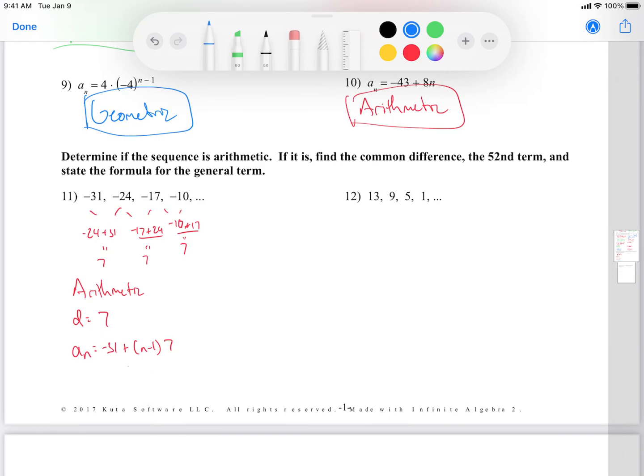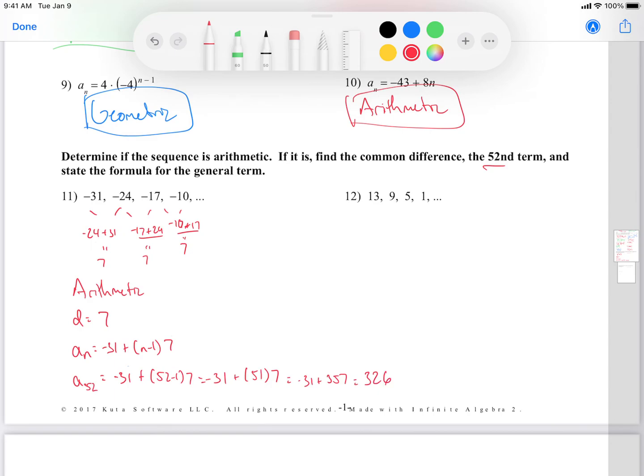And then if I want to find my 52nd term, I'm looking for a of 52, which is equal to negative 31 plus 52 minus 1 times 7, which is equal to negative 31 plus 51 times 7, which is equal to negative 31 plus 357, which is equal to 326.